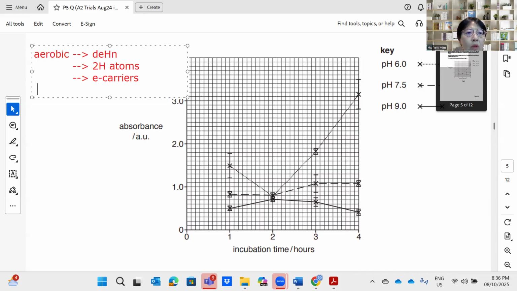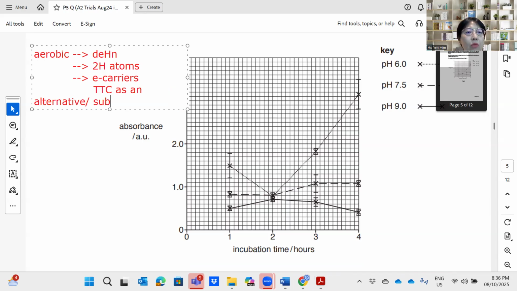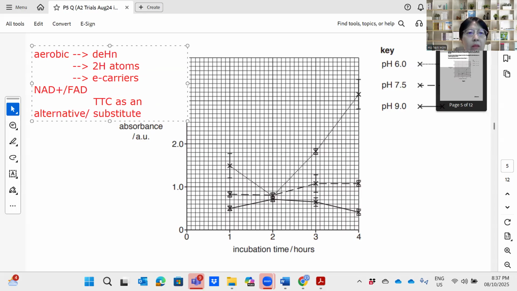So now in this experiment, we are using TTC as an alternative or as a substitute to the electron carriers. So the electron carriers we are talking about here are NAD+ and also FAD.